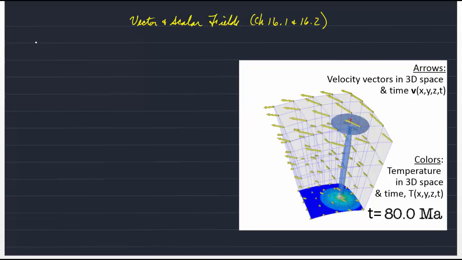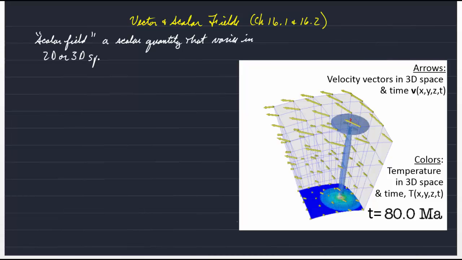Just to define what a scalar field is, it's basically a scalar quantity that varies in 2D or 3D space.